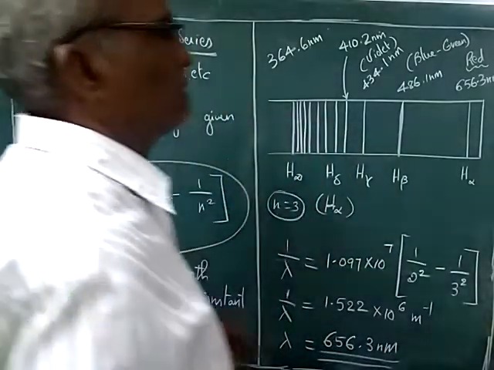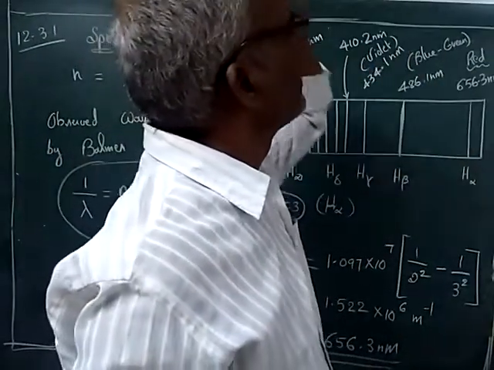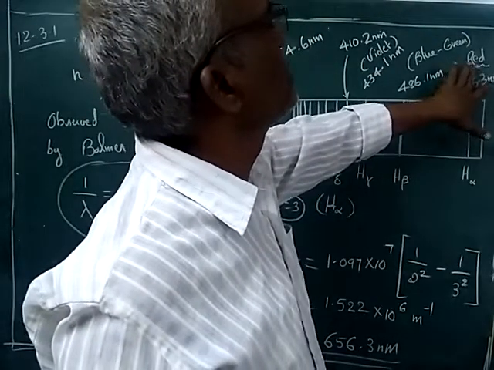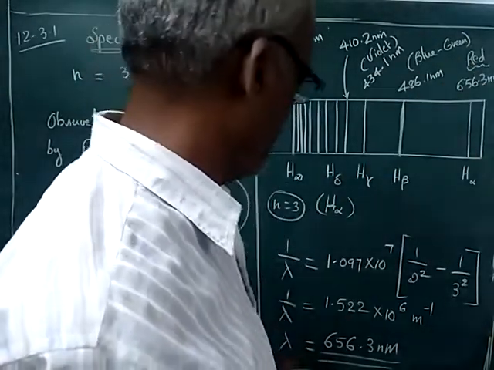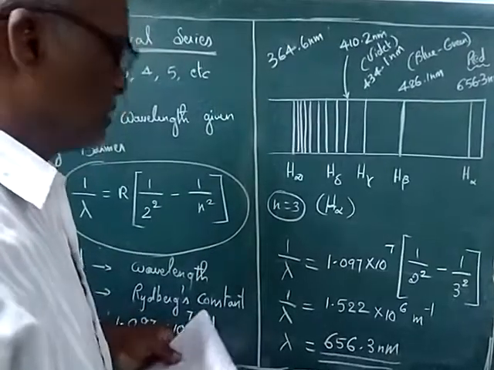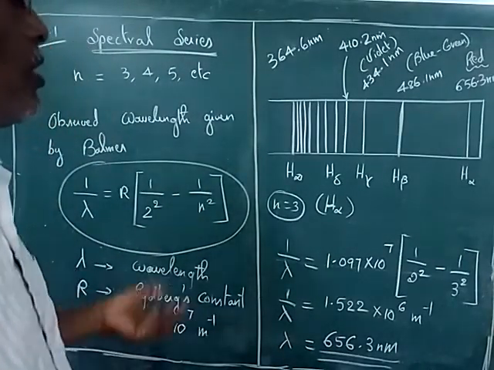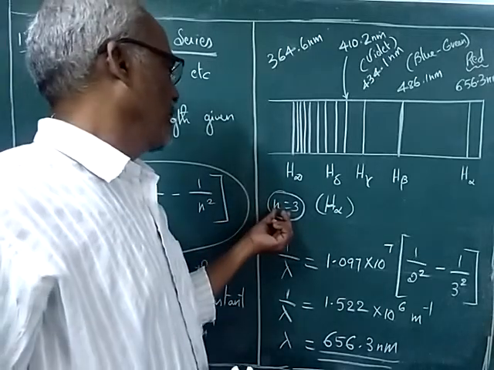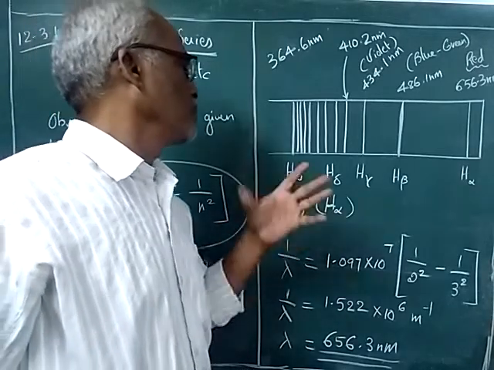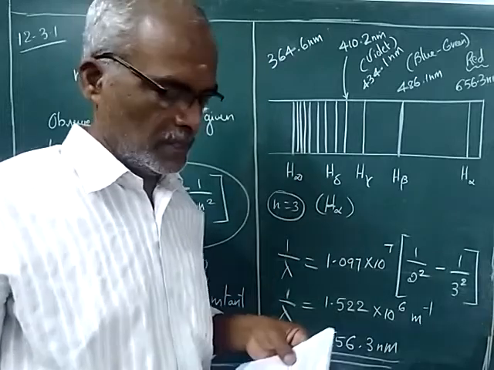That's how we got this wavelength for red, or in the region of red, 656.3 nanometer. This wavelength we got for the value of n equal to 3, which is H alpha.